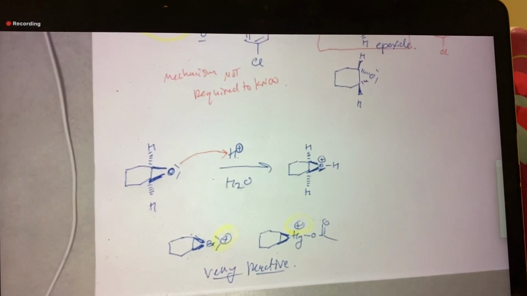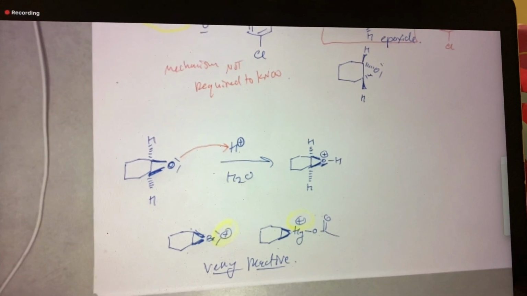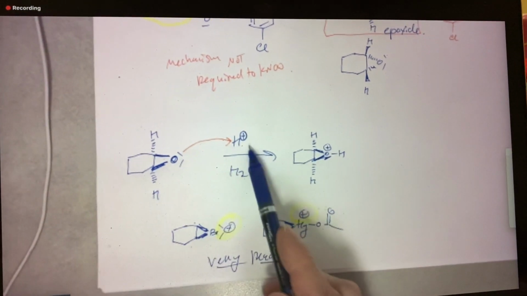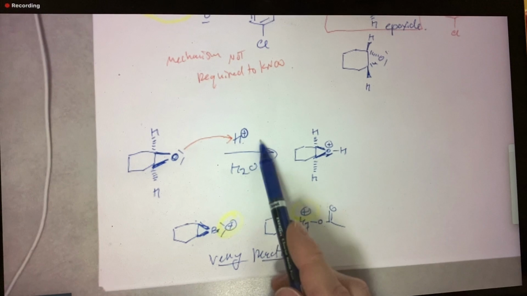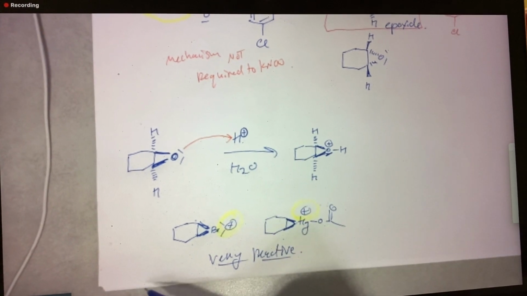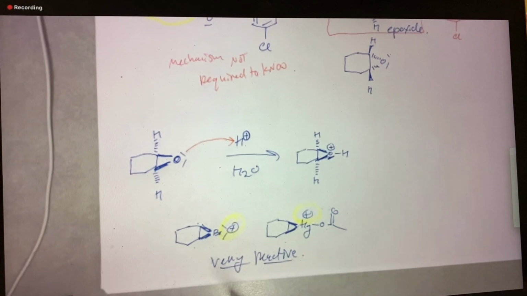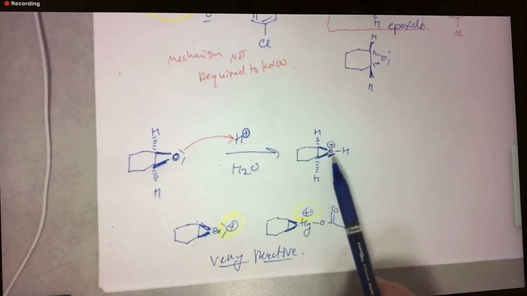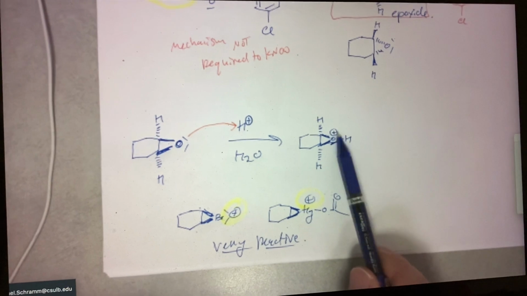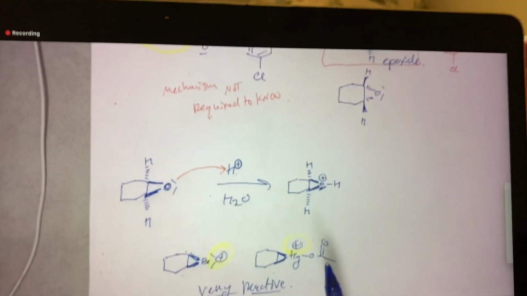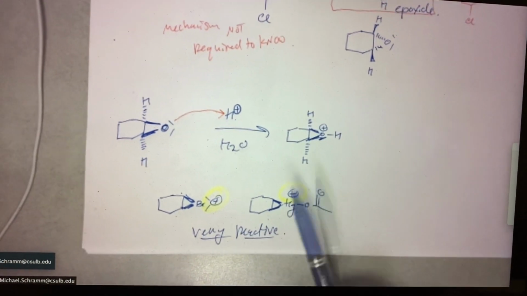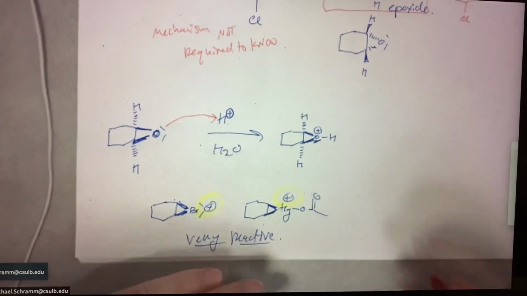What if we make this oxonium ion? This is the conjugate acid of this. The conjugate base of H plus could be sulfate or chloride, just not really important for our discussion. But in this acid-base reaction, this is base, this is acid, conjugate acid. Now notice how we have a plus charge here. When these had a plus charge, they were very reactive. When this has a plus charge, it becomes very reactive.